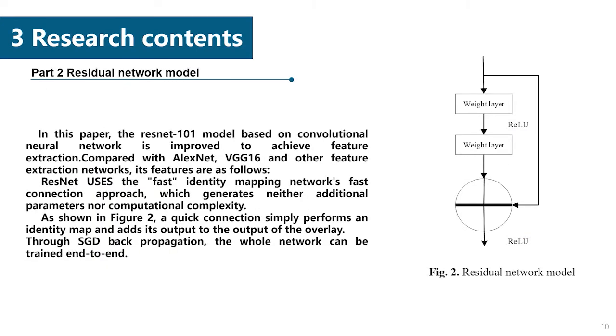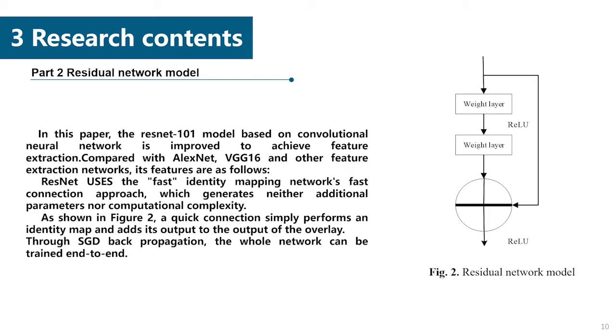Part 2. Residual network model. In this paper, the ResNet 101 model based on convolutional neural network is improved to achieve feature extraction, compared with AlexNet, VGG-16 and other feature extraction networks. Its features are as follows.